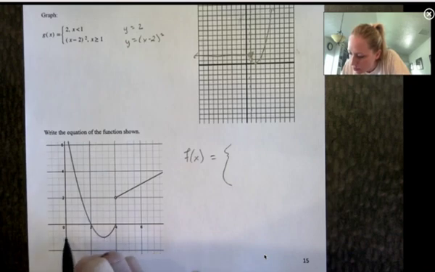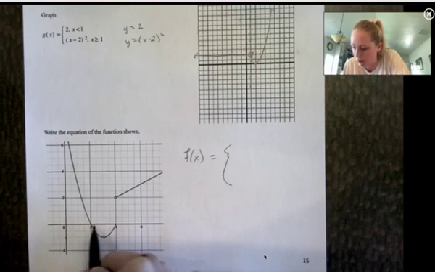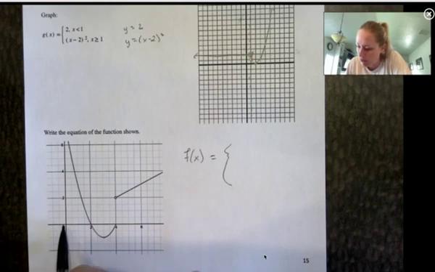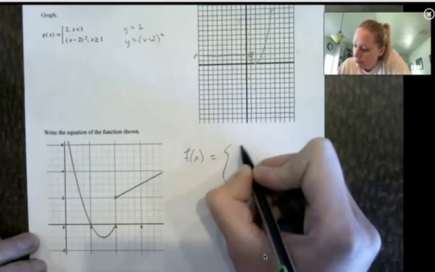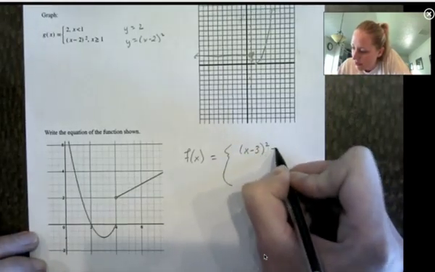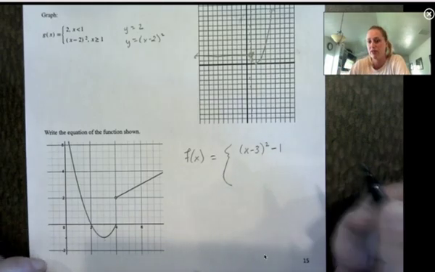let's see, so here's 1. Yeah, these are going by halves, so up 1 over 1. So it has the normal pattern, so there's no vertical stretch, but my vertex has shifted right 3 and down 1. So right 3 and down 1 means I would need to subtract 3 and then subtract 1 outside the parentheses, okay?